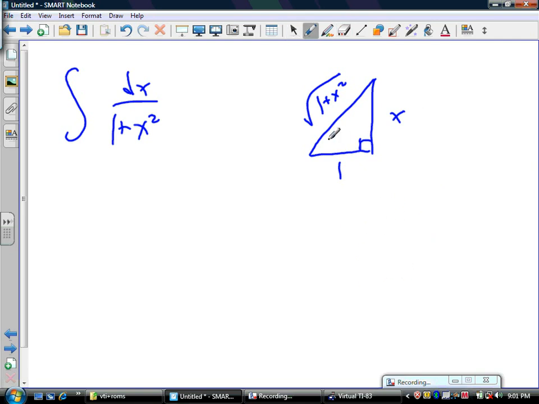So this is what you're going to do. You're going to now invoke some trig. If this is theta, the angle theta, forget this for a minute. What's the relationship between theta, x, and 1? Soh-cah-toa. You forgot already. So-ka-toa. What do I got here?